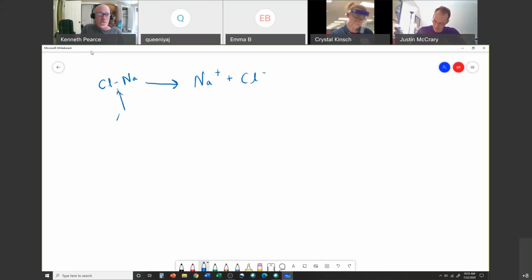You have to have delta H to break apart. It doesn't matter what that number is. You just have some sort of energy it takes to pull these things apart. And then you have a delta H to form the ions in solution.